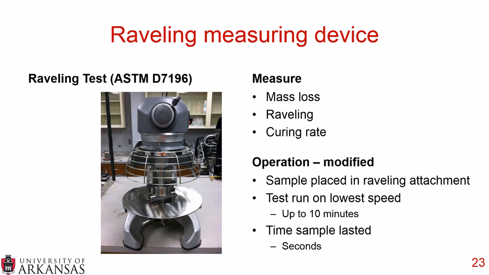Because as that rubber hose started abrading the surface, often it would literally explode and there would be no more raveling because you weren't abrading the surface, but you would have lost a lot of material. Now, once that state was reached, we measured how much time had passed or how long the sample lasted.